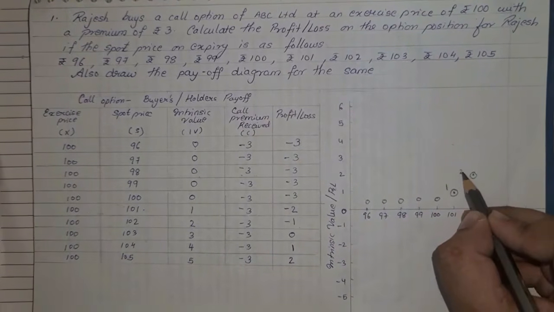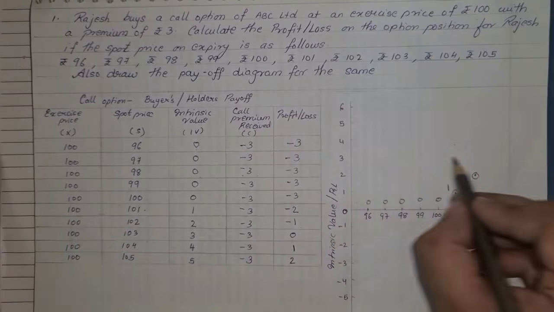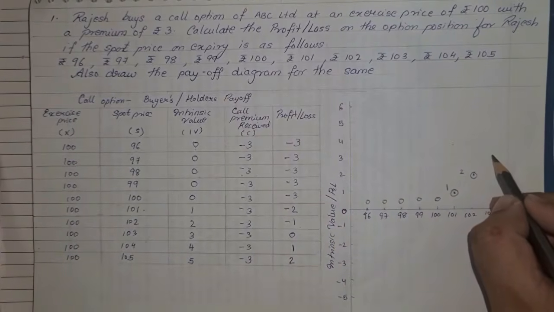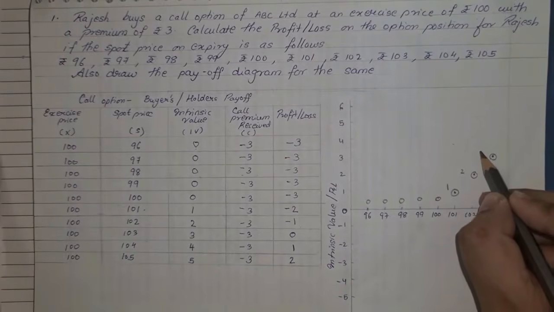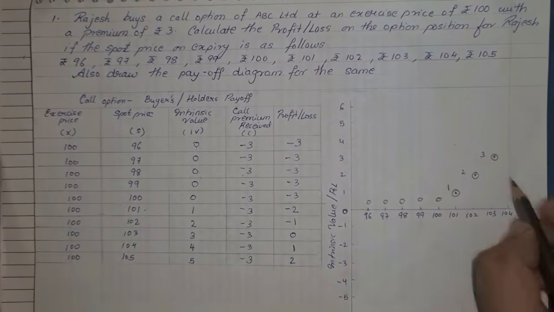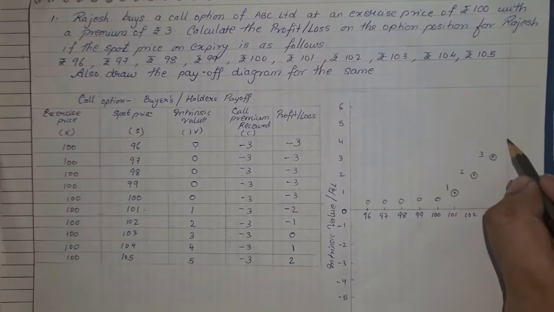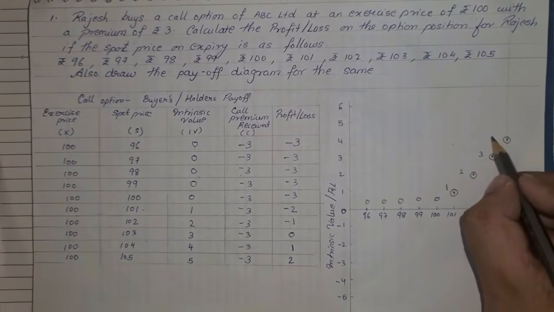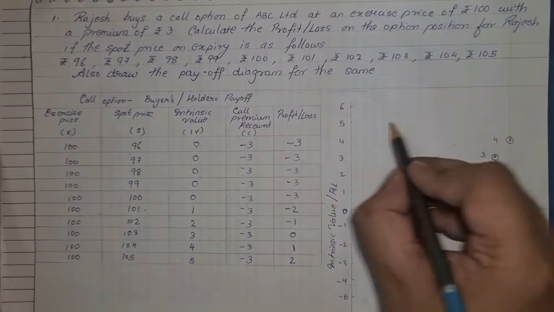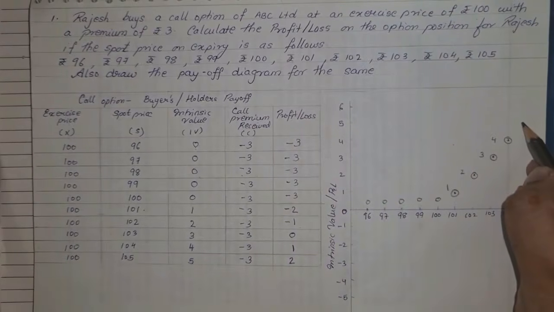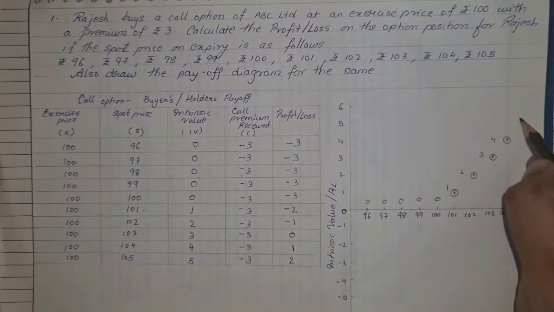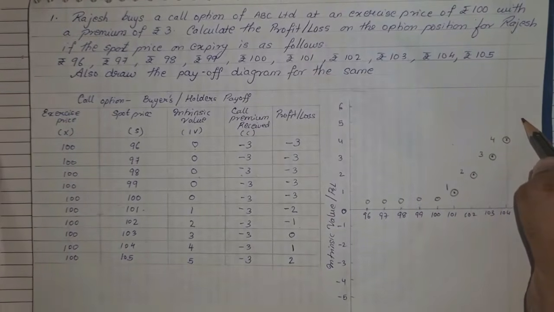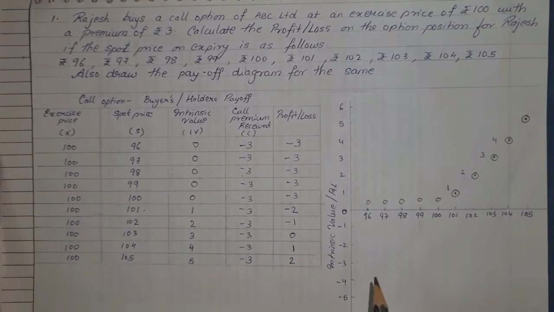At 103 it is going to be 3, at 104 it is going to be 4, and at 105 it is going to be 5. So I'll just mark it. You can take the help of a ruler in this case also. That's basically my intrinsic value.